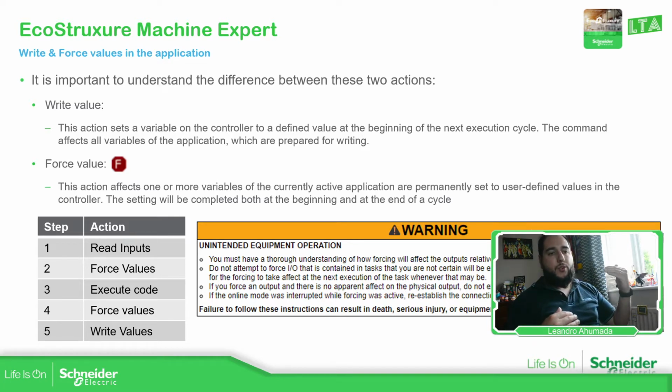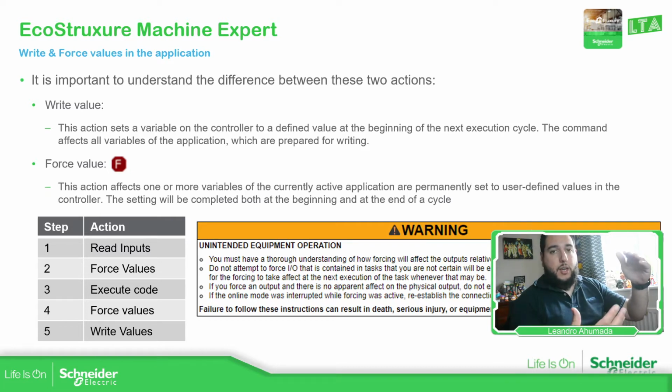You force the value at the beginning of the POU, and then you make some changes to that value, it will be affected by your logic, and in the next cycle it will be forced again by the software. That's something you need to know when you are trying to debug, because probably you cannot see clearly if there is an issue.